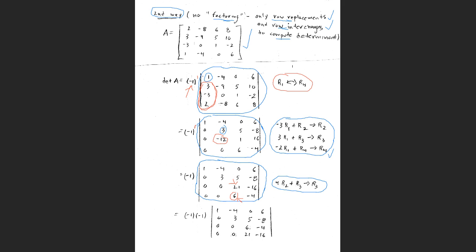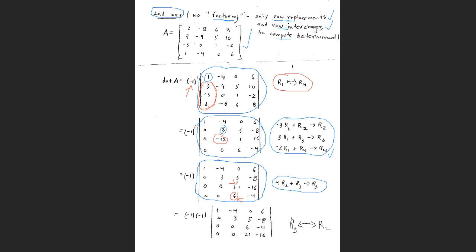We're going to interchange, and I guess I forgot to put the instruction down here. I'll put it down right now. We're going to take row 3 and row 4 and do a row interchange.